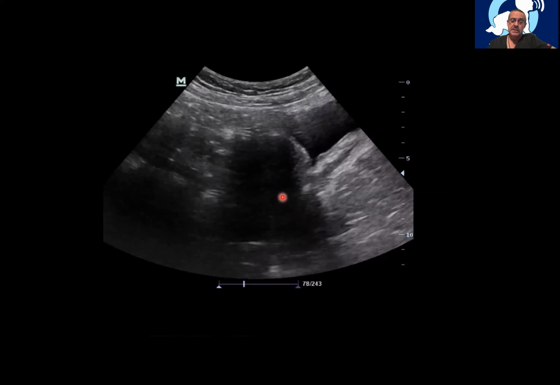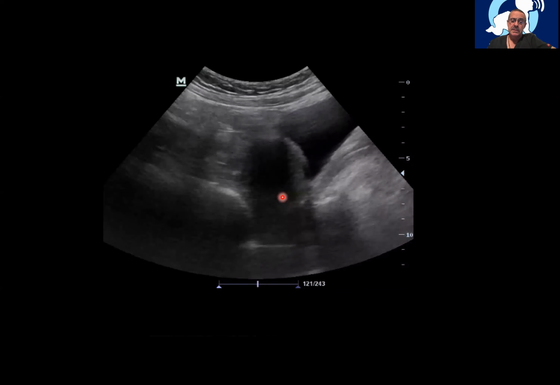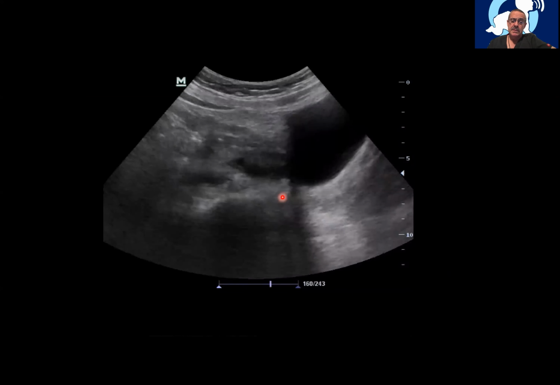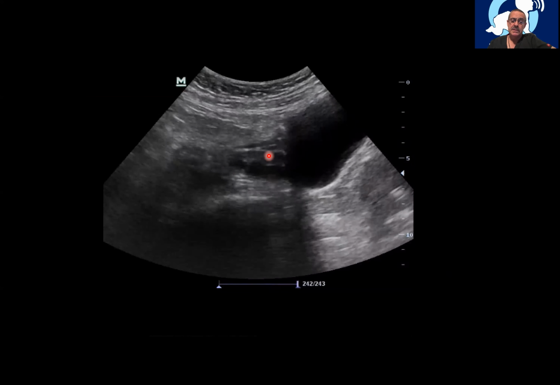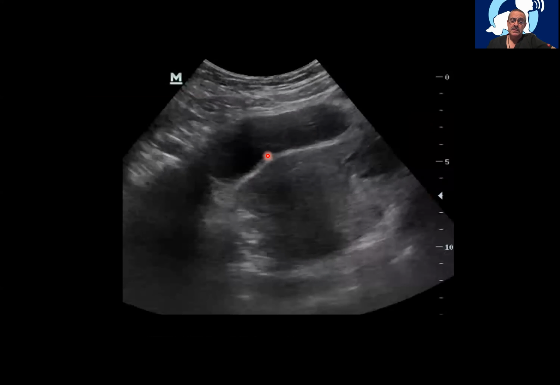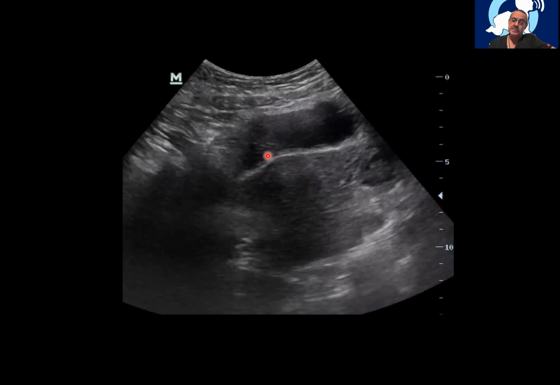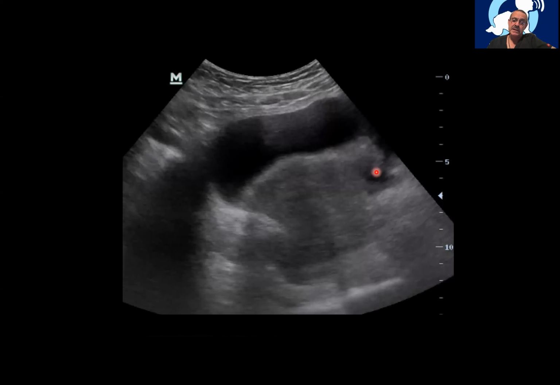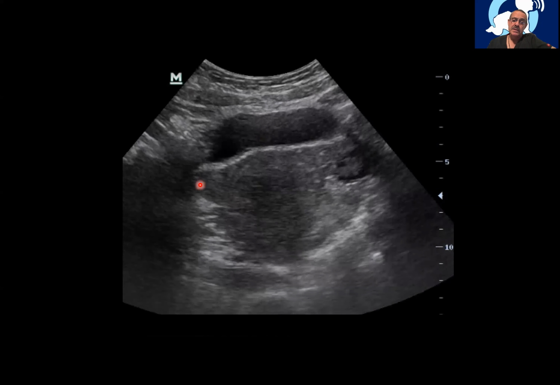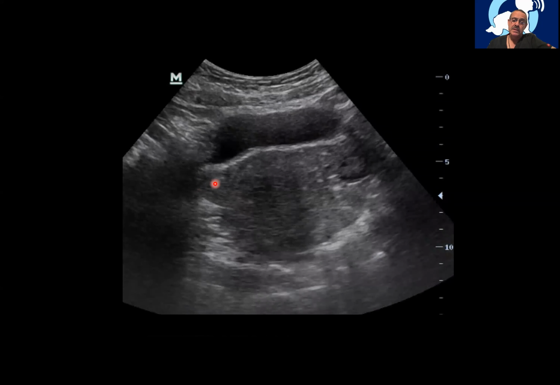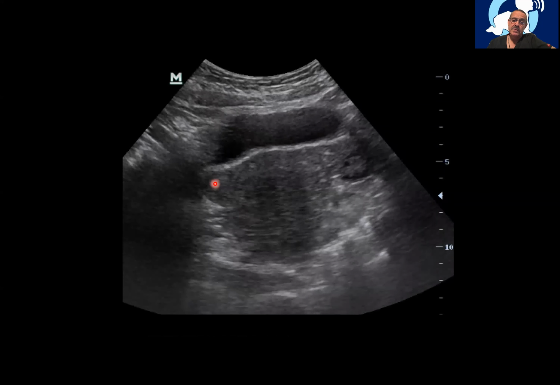Uterus. By the side of the uterus. Transverse view. Left ovary. Right ovary.